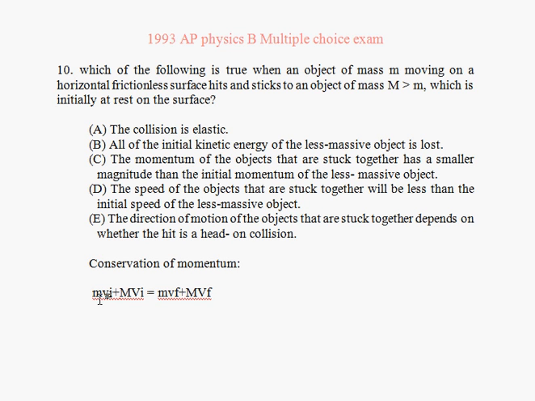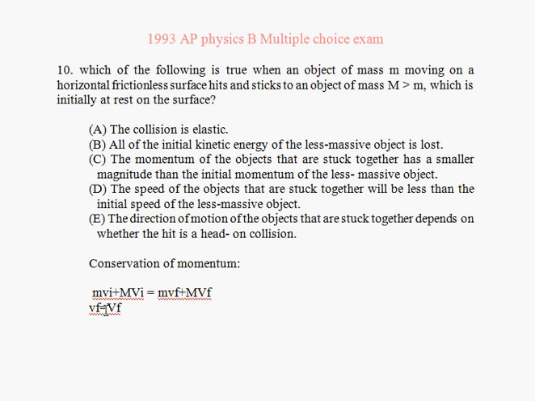The mass of the first object multiplied by the initial velocity of the first object plus the mass of the second object multiplied by the initial velocity of the second object equals the mass of the first object multiplied by the final velocity of the first object plus the mass of the second object multiplied by the final velocity of the second object.